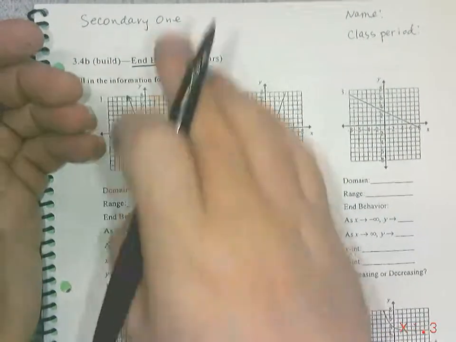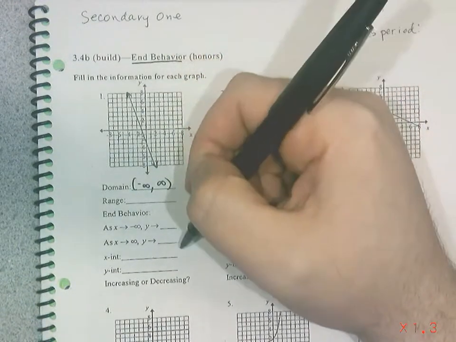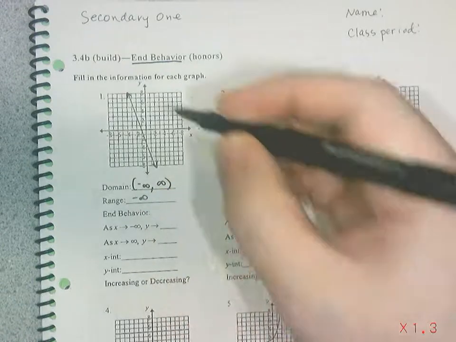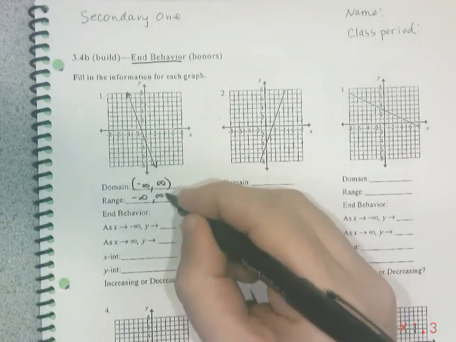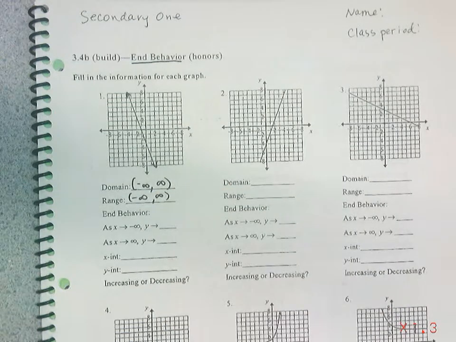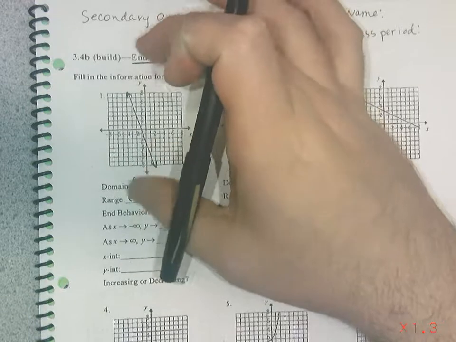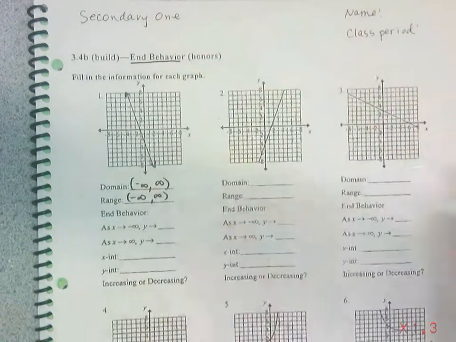Looks like it's going down forever, so the least y value would be negative infinity. And it is also going up forever, so the greatest would be positive infinity. So it's the same as the domain, but this is the y-axis. Those are different than the x-axis, right?